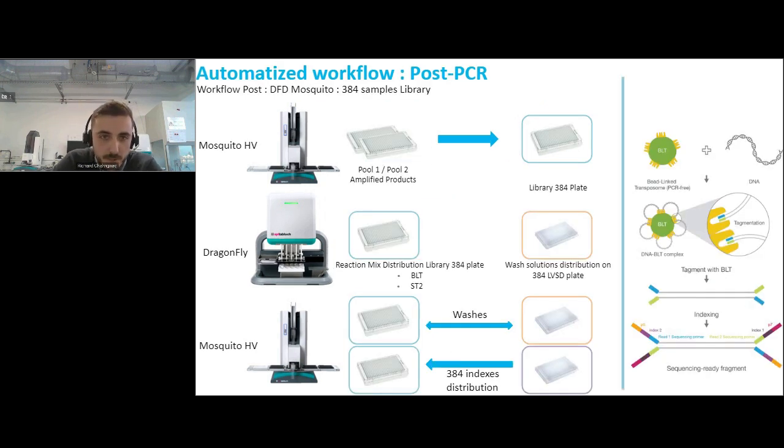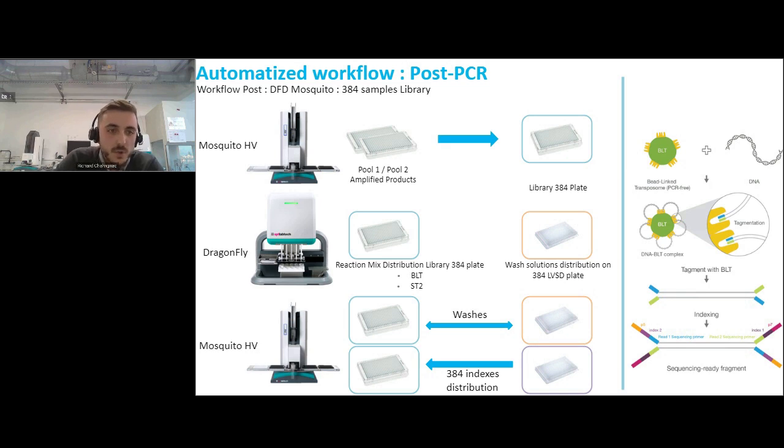The first step is to batch the 2 pooled plates that we produced in the pre-PCR part into 1 library 384 plate. We add the whole SARS-CoV-2 amplicons to this library plate. In the same way as the pre-PCR part, reaction mix distribution is done directly into the library 384 plate.